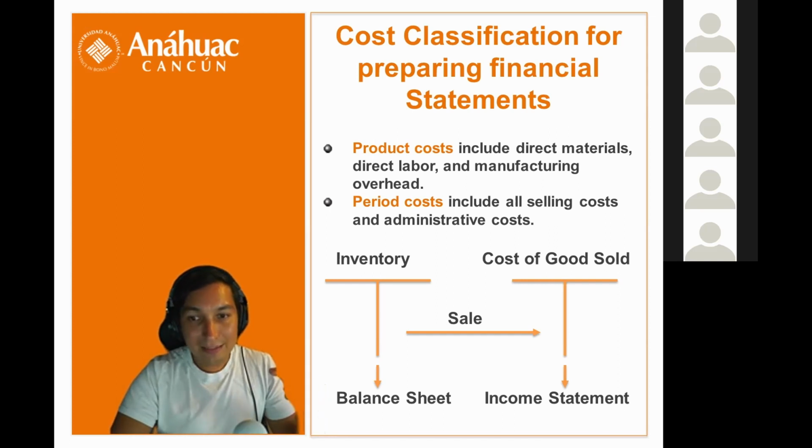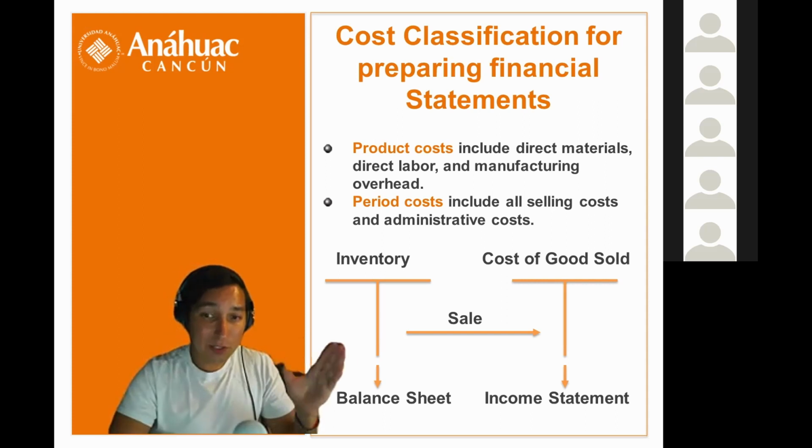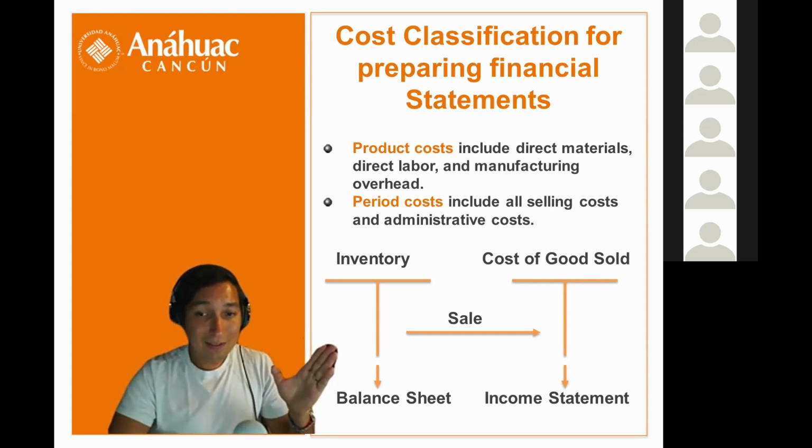So that's an application of the second part of the matching concept that says that we want to match our expenses to the period in which they are incurred. So we are definitely following the matching concept here, but with different theories: product costs get expensed when we make the sale, and period costs get expensed in the time period that they belong to.